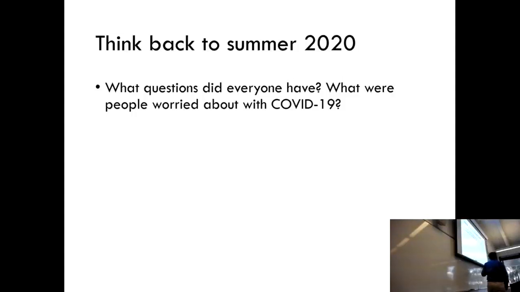Do you remember anything about what you thought would be coming down the line as far as the vaccines or things like that? Or what you thought about COVID as far as what would happen? It's a deliberately vague question. But I want you, do you remember anything about what it felt like in summer 2020 when you were thinking about COVID, antibodies, vaccines, and stuff like that?